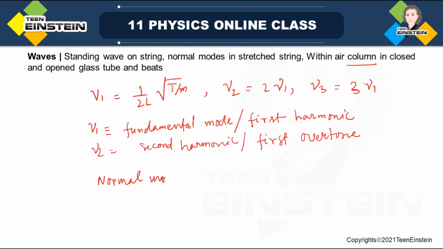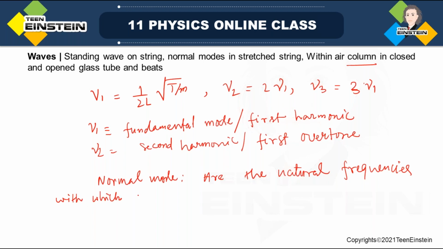Normal modes are the natural frequencies with which a string can vibrate.